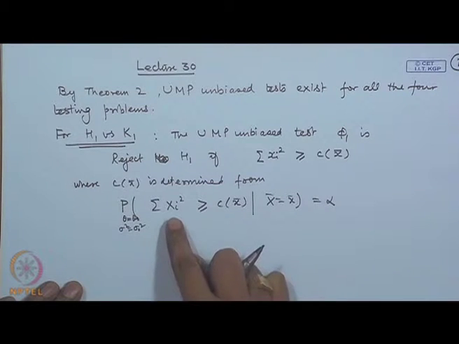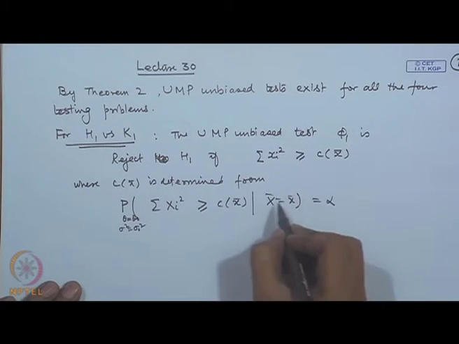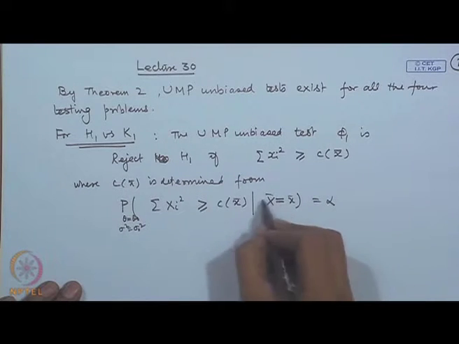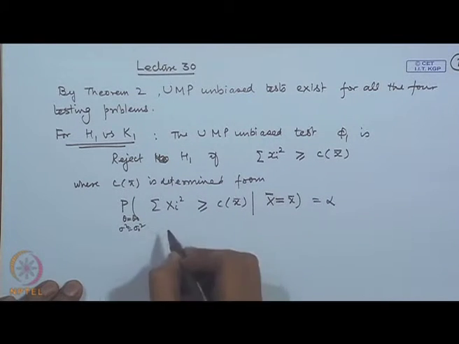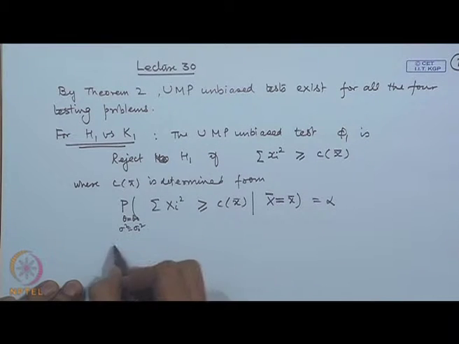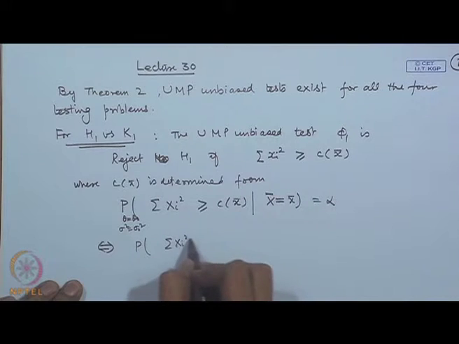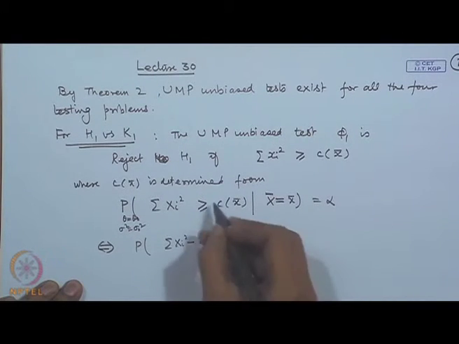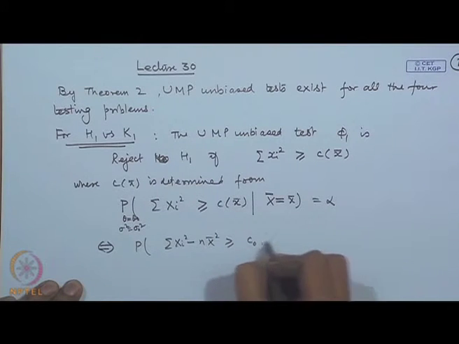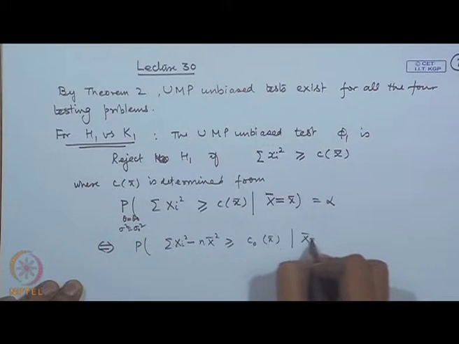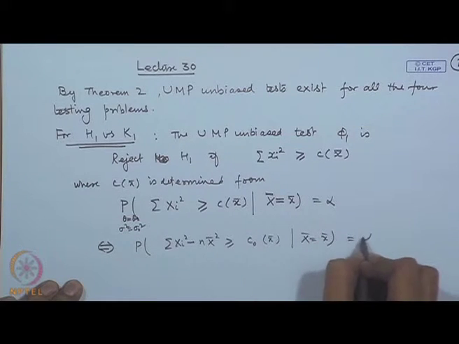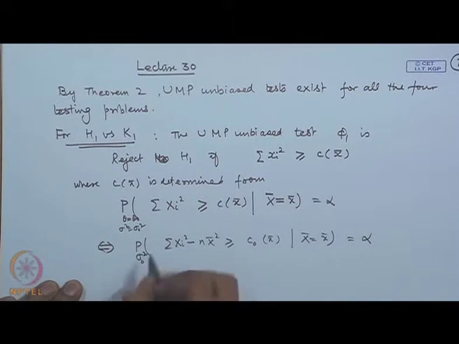Now, note here this needs the conditional distribution of sigma x i square given x bar, which is slightly inconvenient. However, here we can apply a trick. This is equivalent to saying the probability of sigma x i square minus n x bar square greater than or equal to some other function, say c naught (x bar), given x bar equal to small x bar, is equal to alpha at sigma naught square.